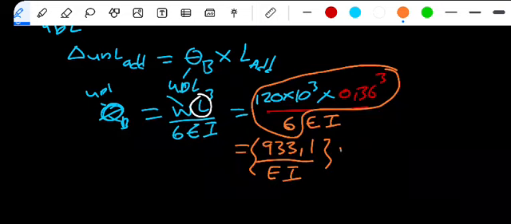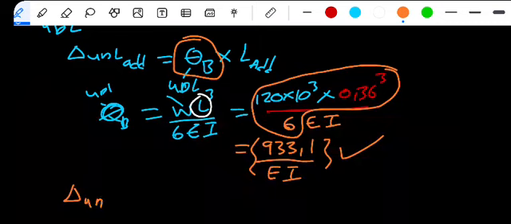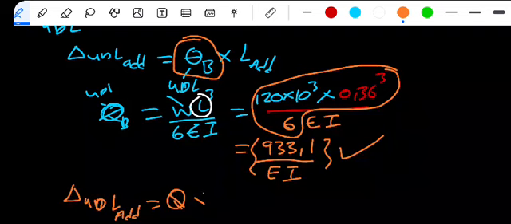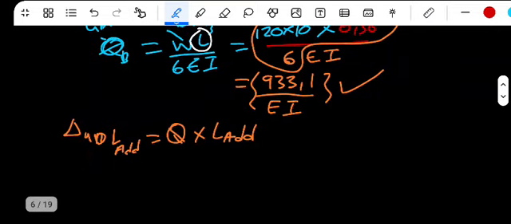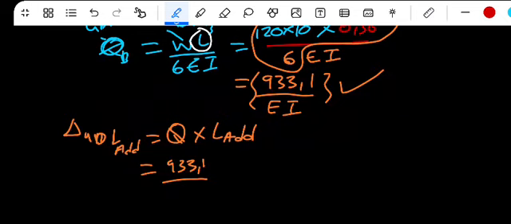Alright, so remember, you simply calculated the slope. So we want the UDL additional, which will be the slope multiplied by the additional length. The slope we calculated, here it is, 933.1 over EI, multiplied by the additional length.